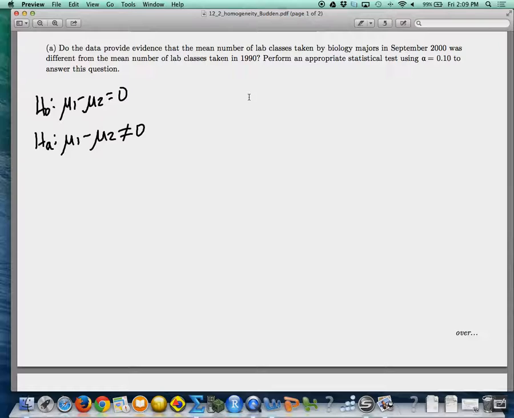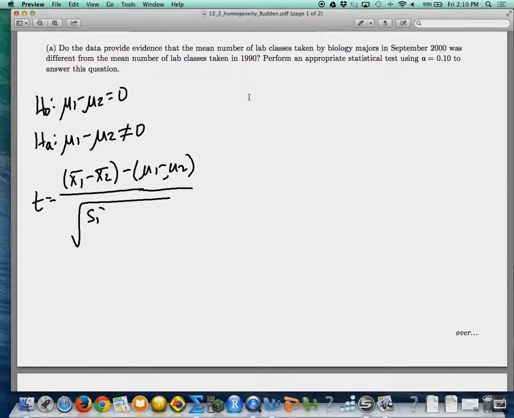Normal. Yeah. Okay, so then we're just going to jump right into the actual calculation. We're going to use t and not z because we don't have the population standard deviation. So the formula is x1 bar minus x2 bar minus mu1 minus mu2 all over the variance over n1 plus the variance over n2.